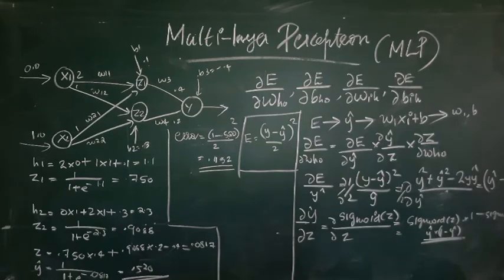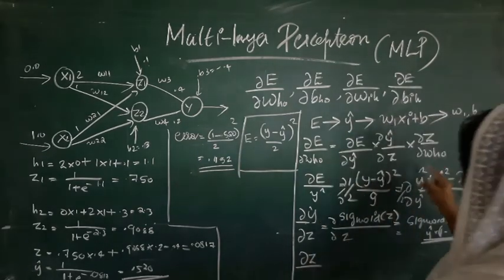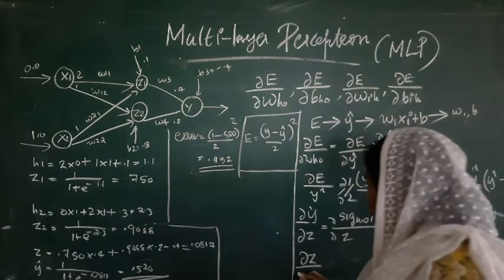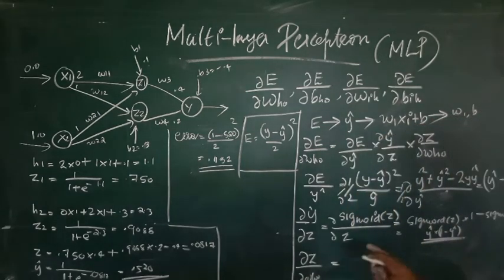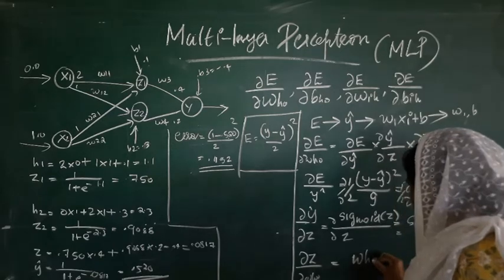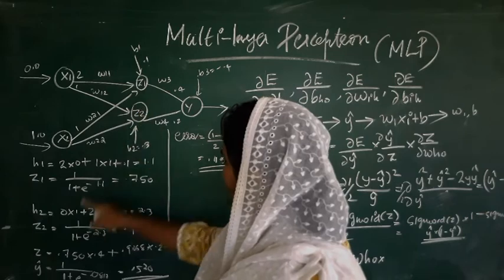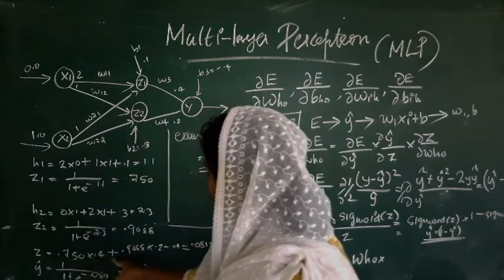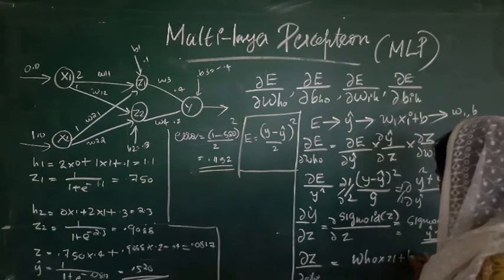Now we have to find the partial derivative of z with respect to weight. You know that z is nothing but the weighted sum of inputs, that is, z is obtained from the value of Z1 multiplied by the weights in the hidden to output layer, plus the bias values.